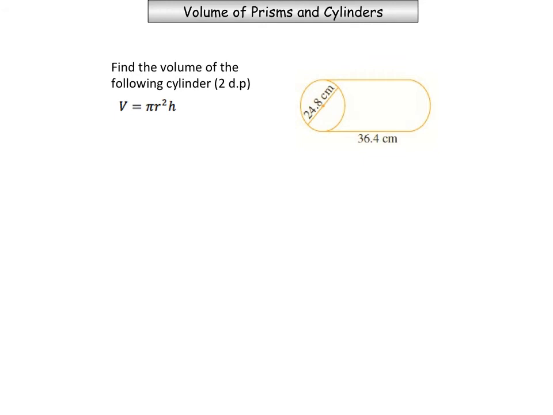The numbers that we need to substitute in here are the height of the cylinder and the radius of the circular face. Substituting the values: 12.4, that's half the diameter, which is given here, and 36.4, which is the height of the cylinder. Put that into the calculator and you get 17,583.06 centimeters cubed.